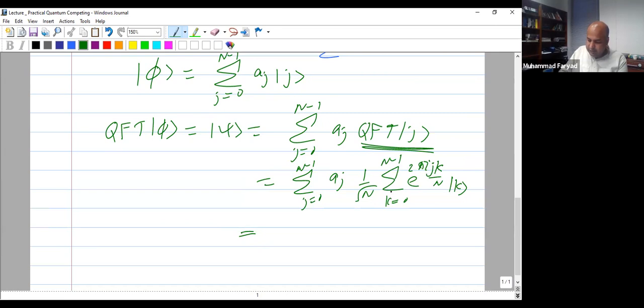Let's interchange the sum. Let's bring this sum over k out, and whatever is left, we put inside. So this is sum over k of the sum over j of aj, 1 over square root of n, exponential 2 pi iota jk over n, into k.